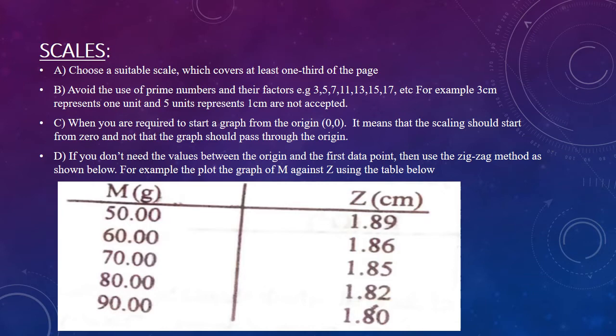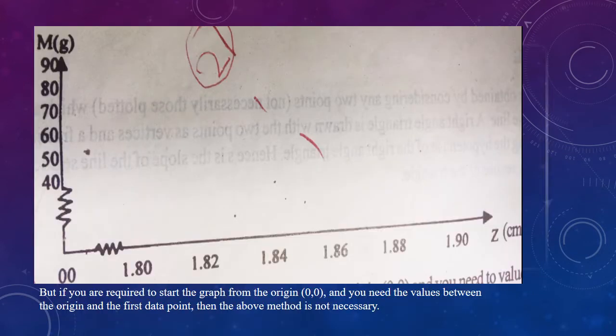If you don't need the values, the graph should be plotted using zigzags. This will be explained in our graphs as we move on. At times, students are confronted with data where the first value is far from what it should be.